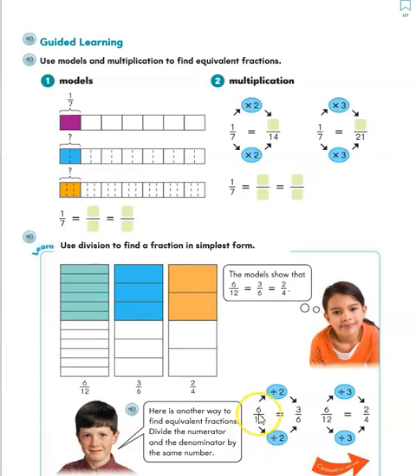Okay, so that tells us 6/12 is equivalent to 3/6, which is the same thing we saw over here with our models. And then let's look over here, 6/12 divided by 3 this time. So 6 divided by 3 is, of course, 2. And 12 divided by 3 is 4. So that shows us that 2/4 is also equivalent to these other two.